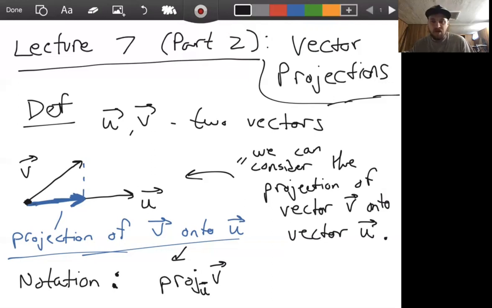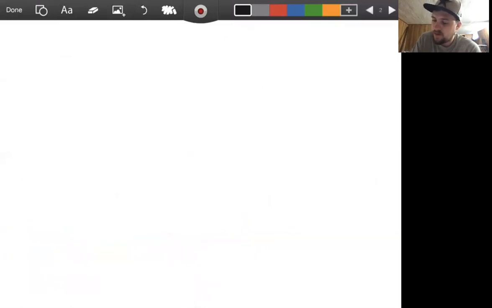The subscript vector is the one that is being projected onto. The larger vector, not the subscript, is the vector that we are projecting. So the notation is, we write proj sub u of v. Okay, and now using the magnitude, let's derive a formula for a projection vector.